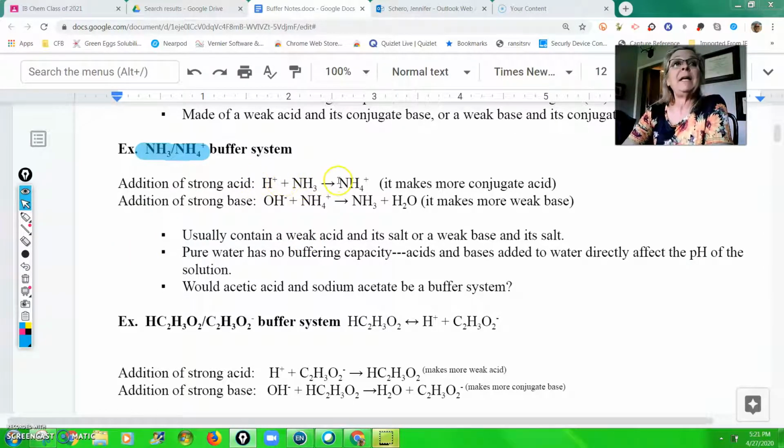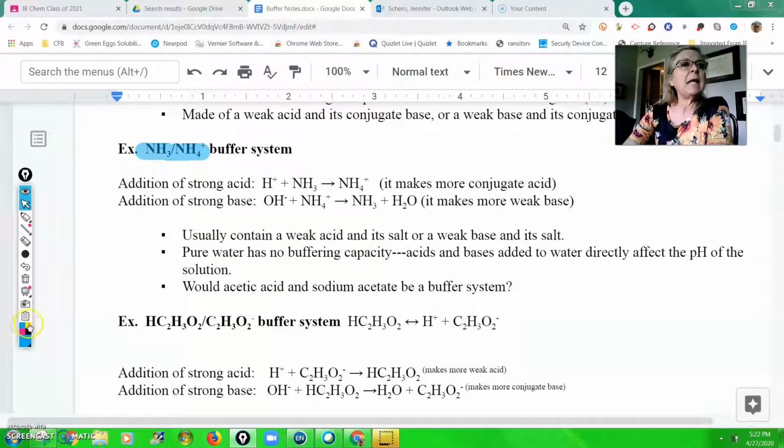You'll notice that that immediately makes our conjugate acid, so it makes more conjugate acid. What if we add a strong base? Then you simply make some water and some more weak base. So this buffer system made up of both of these two parts is going to act together to keep a large change in pH from occurring.